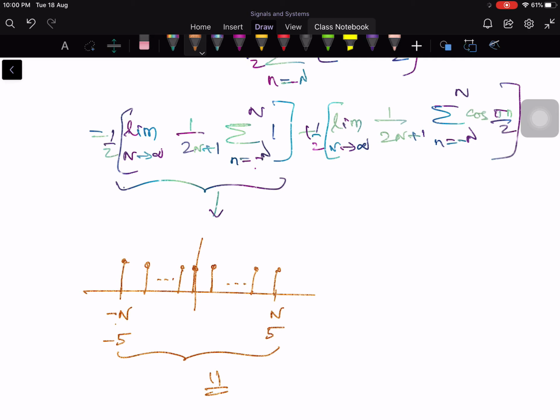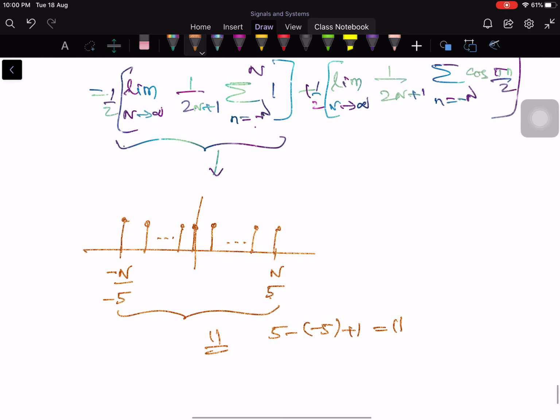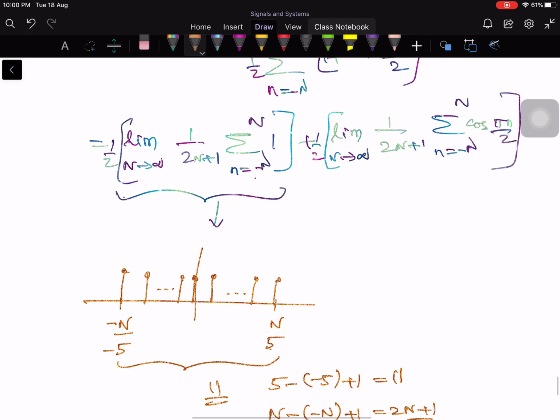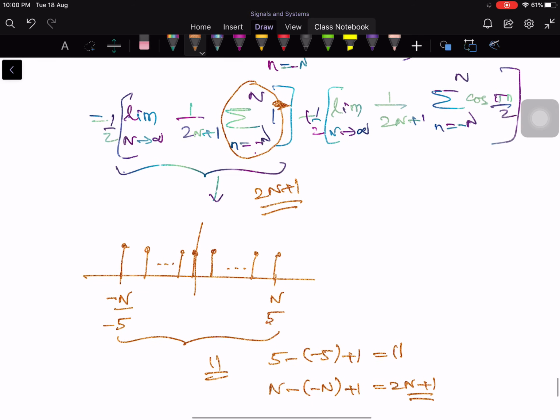That means 5 minus of minus 5 plus 1, that is equal to 11. So that means N minus of minus N plus 1, which is equal to 2N plus 1 samples. Therefore this summation will yield 2N plus 1, since the signal value is 1. So that summation will yield 2N plus 1.